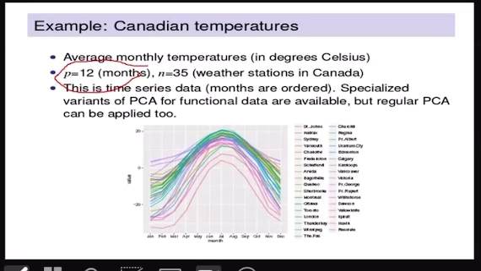Those are the variables. And the observations are the weather stations in Canada. Take a look at that. 12 variables, 12 original variables, 12 features. The number of weather stations in Canada is 35.